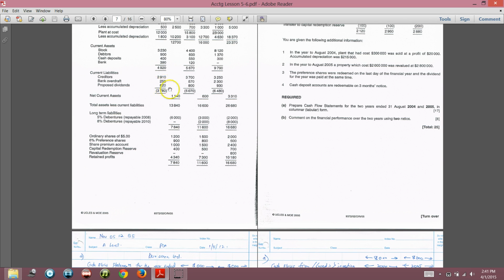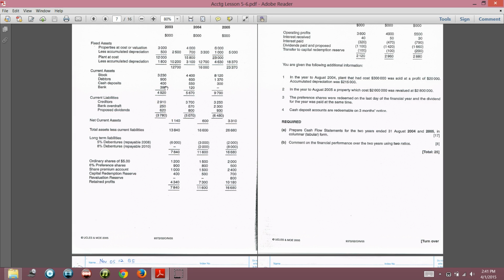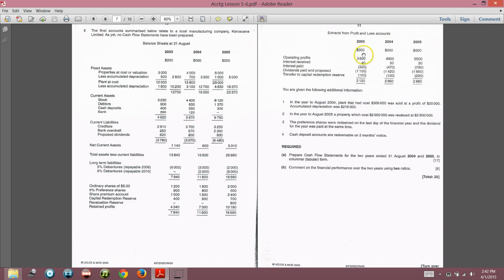It is the same nature as a creditor. So at the beginning of 2004 we owe them 620. Then during the year 2004, we promise, including some that is paid, to pay them 1420.